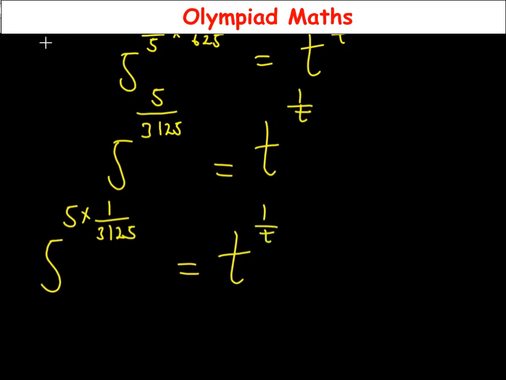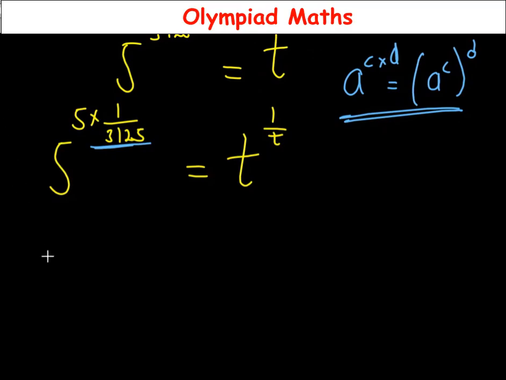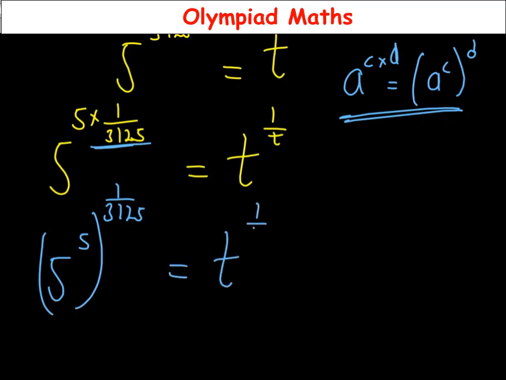Now applying the principle that if you have a raised to power c times d, this equals in brackets a raised to power c, then power of d. So applying this here, we have 5 raised to power 5, then in brackets power of 1 over 3125, is equal to t raised to power 1 over t.